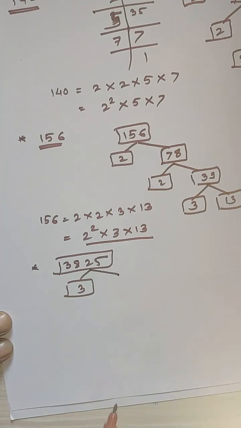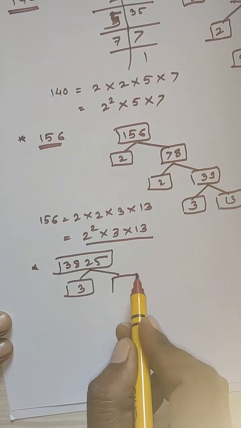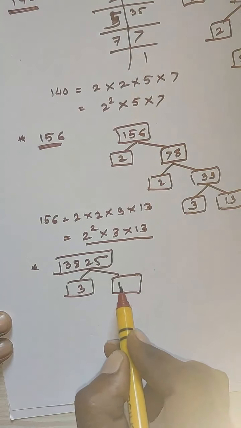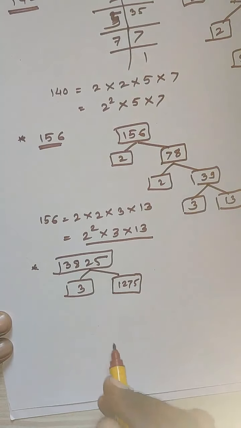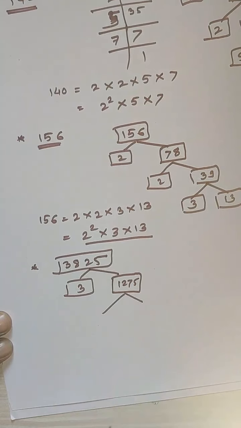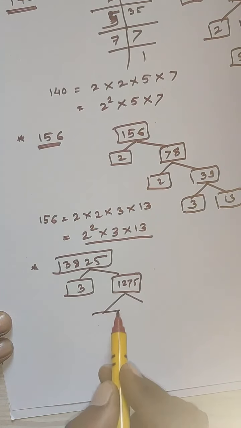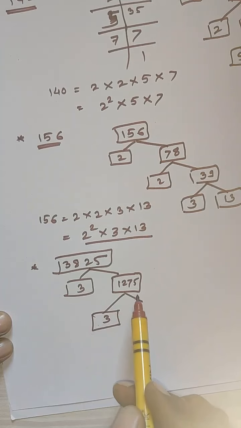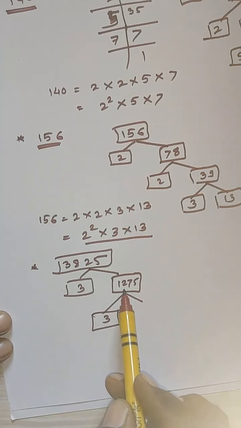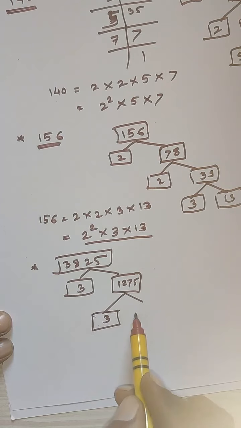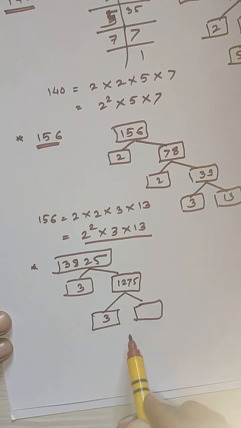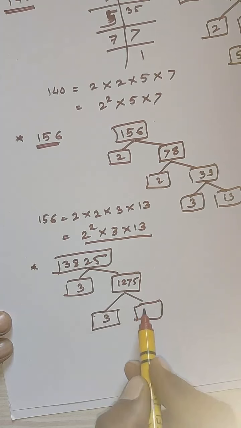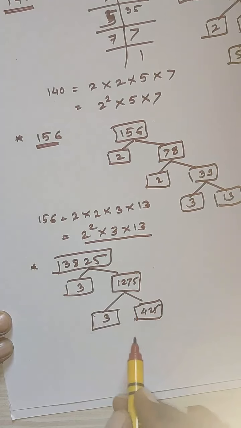So it will go by 3. And the quotient will be 1275. Now this also we can factorize. By 3 it will go: 1 plus 2, 3, plus 7, 10, plus 5, 15, it is divisible by 3. So by 3 it will go, it is 425.